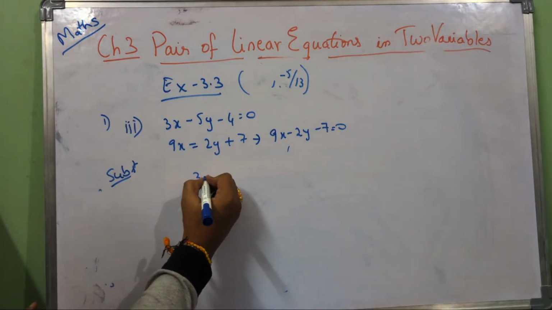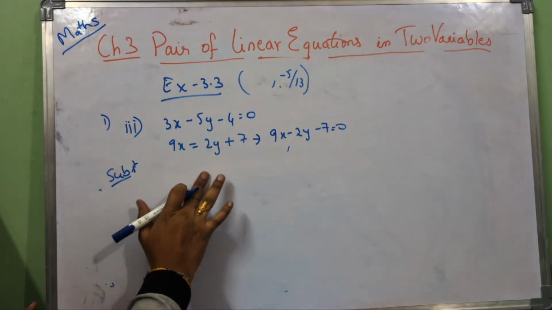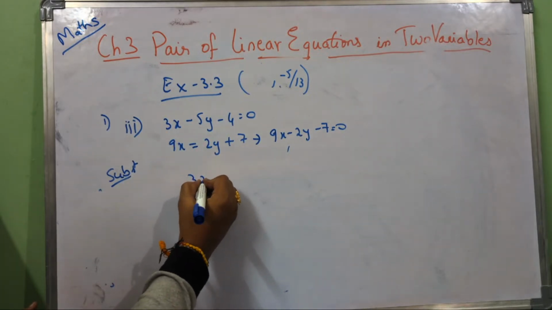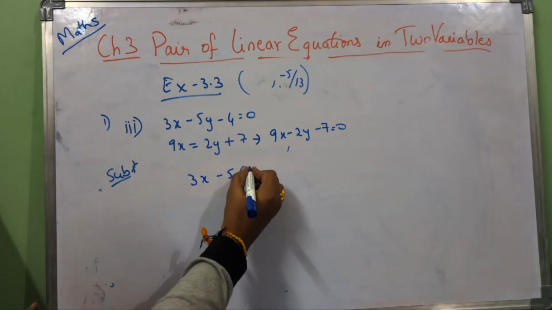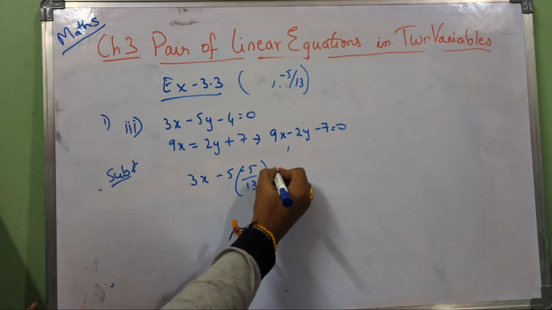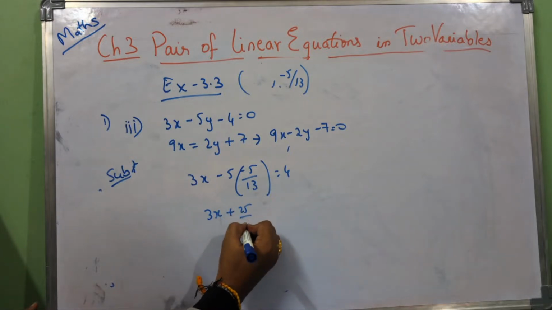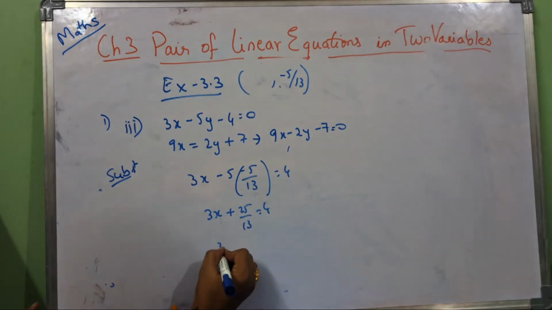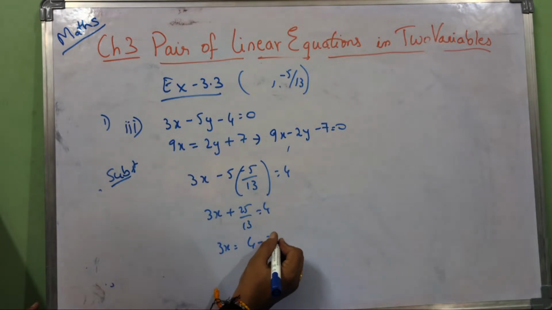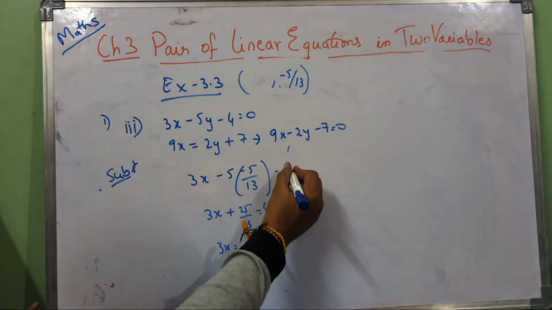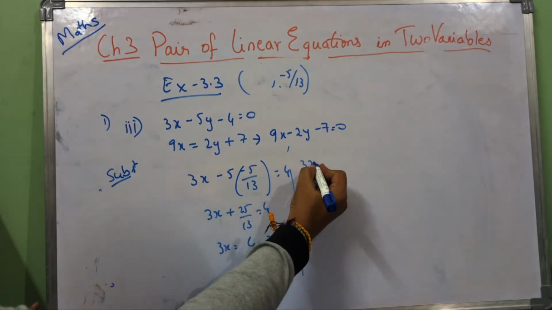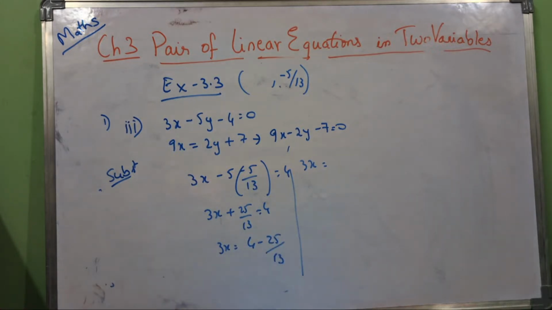x. 3x minus 5 into minus 5 by 13 equal to 4. 3x plus 25 by 13 equal to 4. 3x equal to 4 minus 25 by 13. So 3x equal to 14. 4 12 1 42.